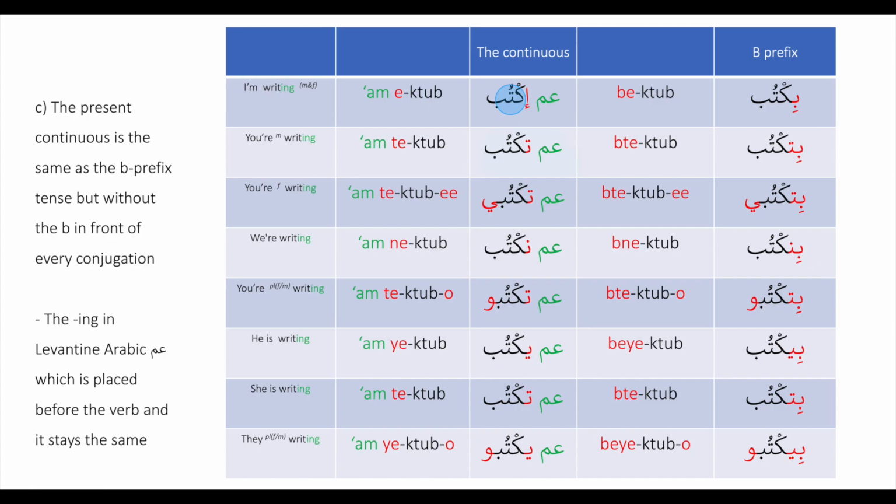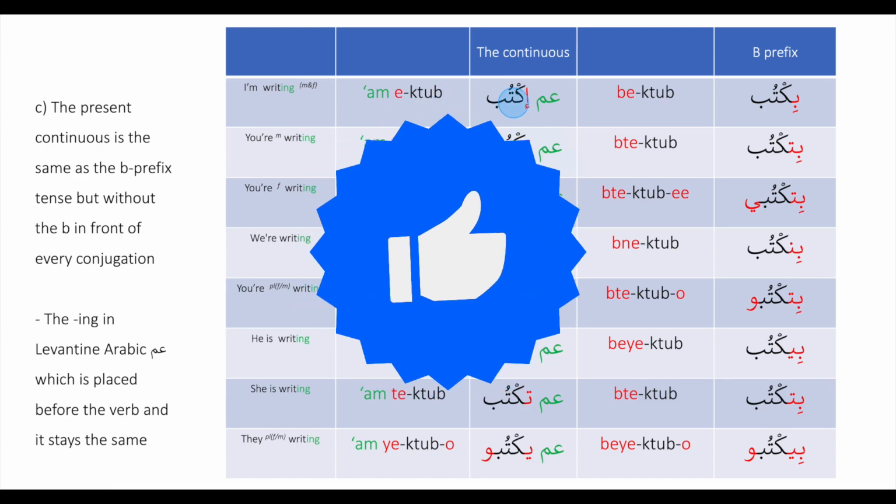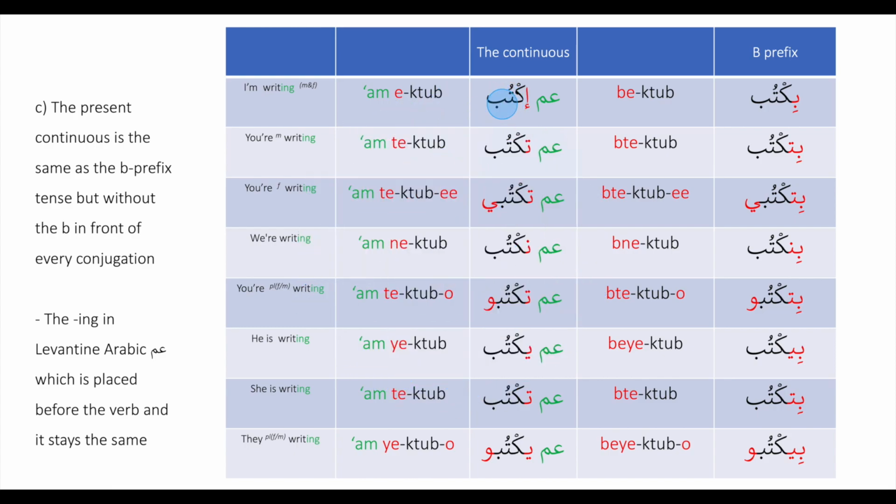But instead of katab, it could be any verb, whether it's regular or irregular. So here, instead of the verb katab, you could add any verb. And if a verb is regular, all you need to do is just to go ahead and do your conjugation. And if the verb is irregular, then the irregular forms and changes do apply here.